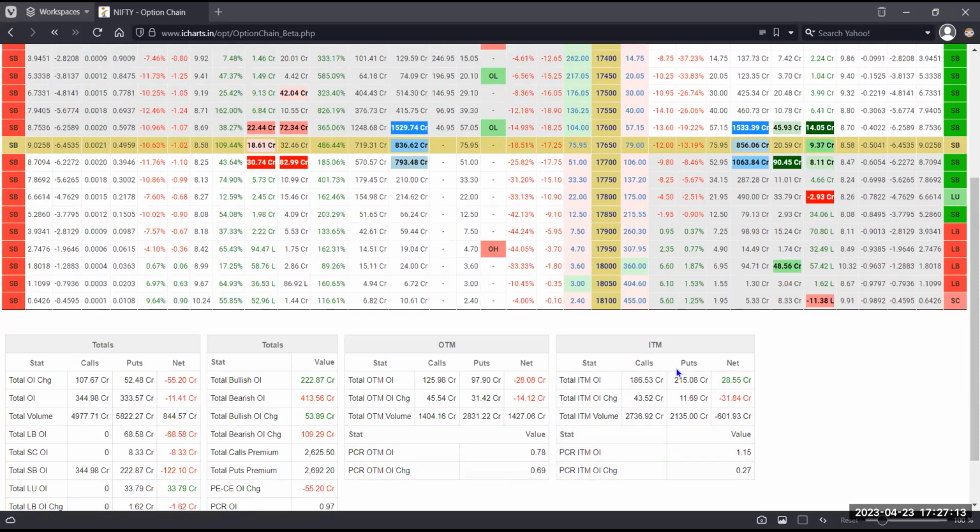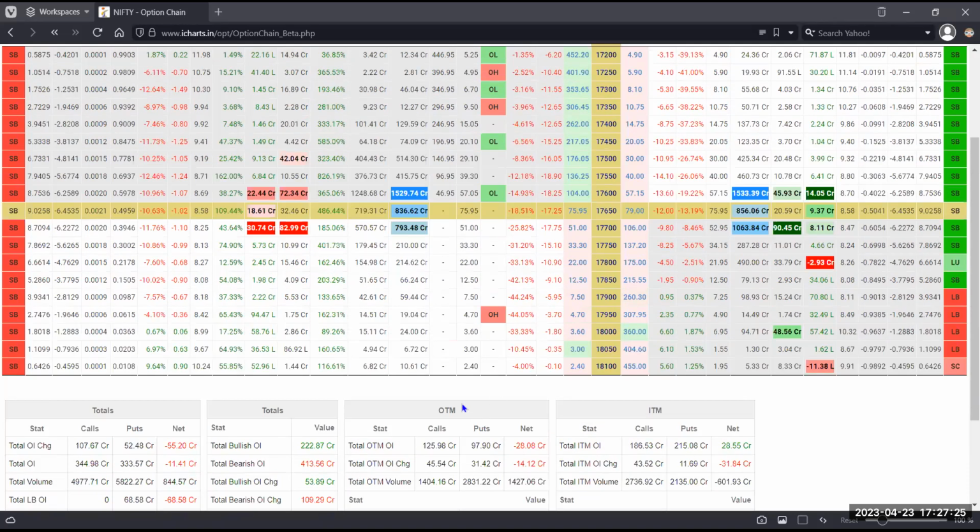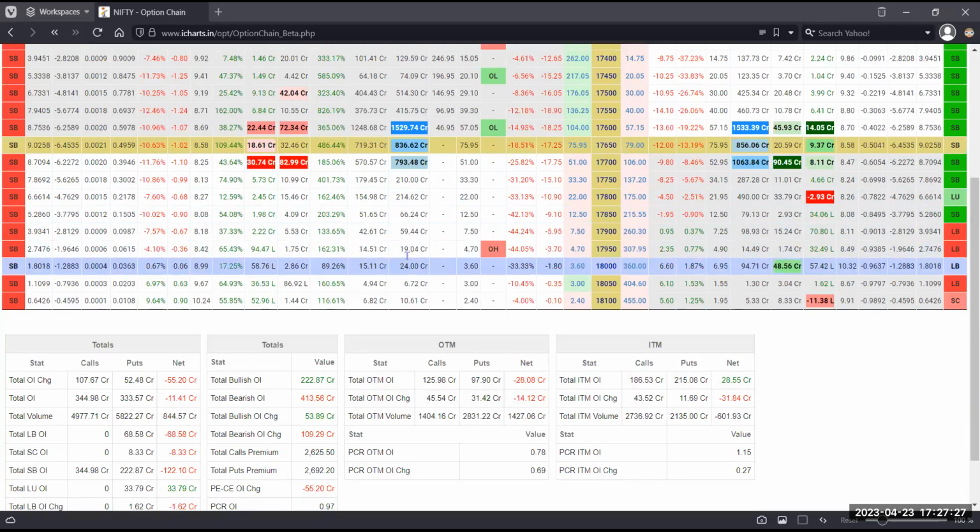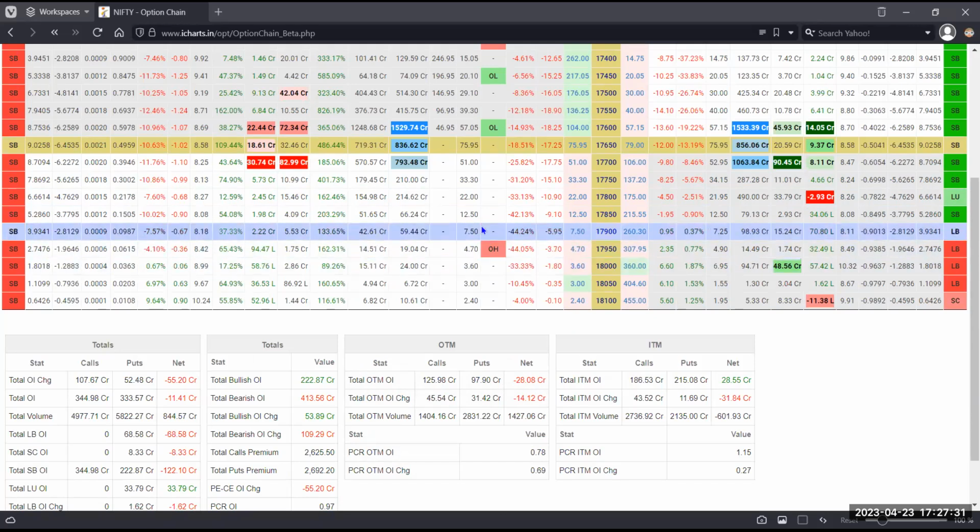Now this is in the money. Now see, out of the money, one thing to look at is that the focus is on writers, mainly those who are focusing on option selling.